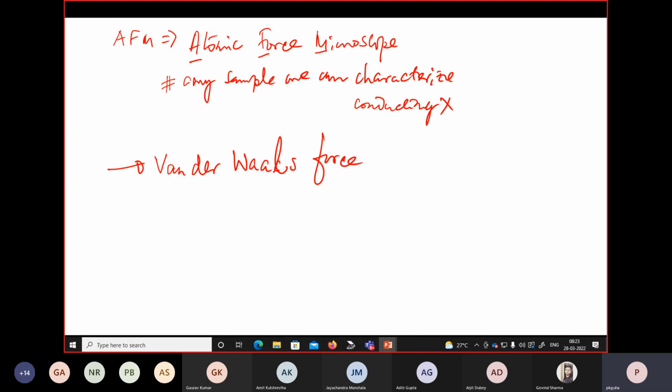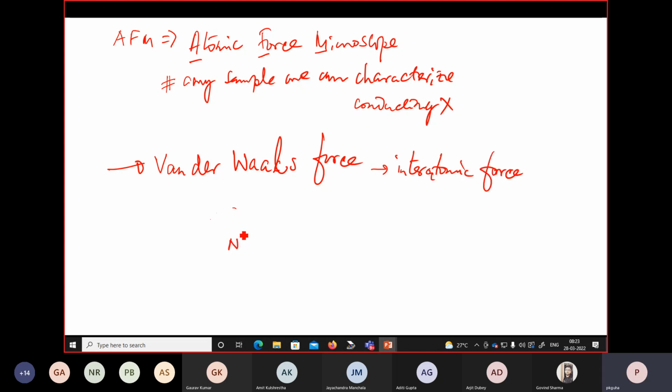So in a nutshell, if I want to explain van der Waals force, you see we have a nucleus in an atom. This is basically an interatomic force. That is why I said it is more fundamental compared to tunnel current.